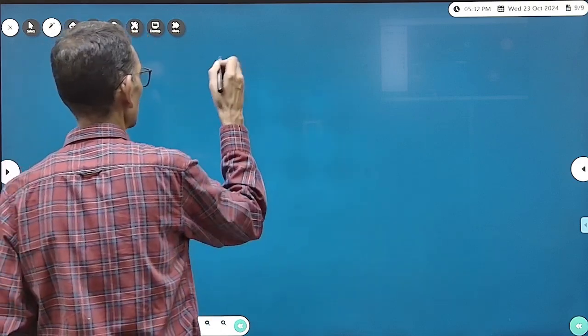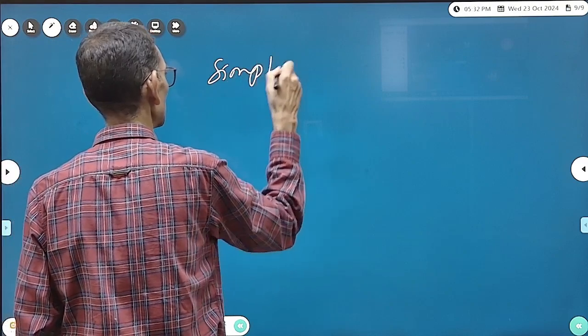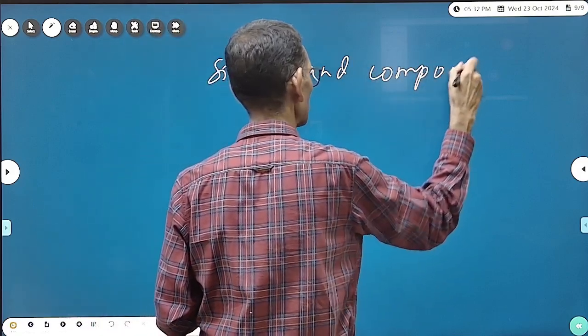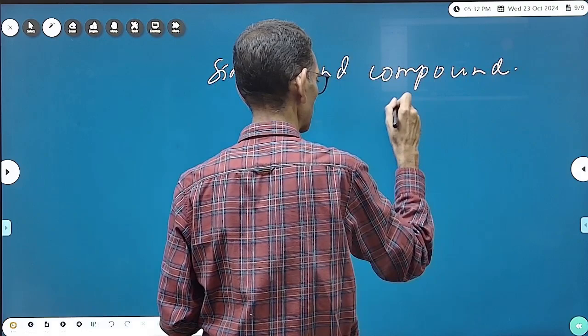Next, simple and compound interest. Here is the basic question 9 of simple and compound interest.